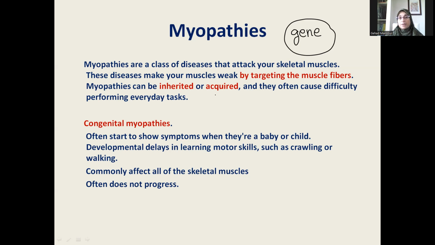But sometimes they are not inherited, sometimes they are acquired, meaning that people, for example, might be born normally and they don't have any congenital myopathies, but later on in life they take a medication, for example, whose side effect is weakness of the muscle, or you might suffer from a metabolic disease like renal failure that affects the muscles and results in their weakness, diabetes mellitus, renal failure, liver diseases.